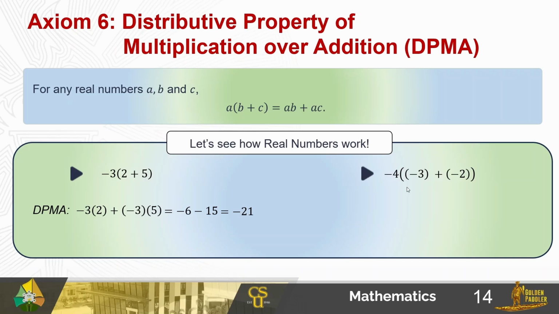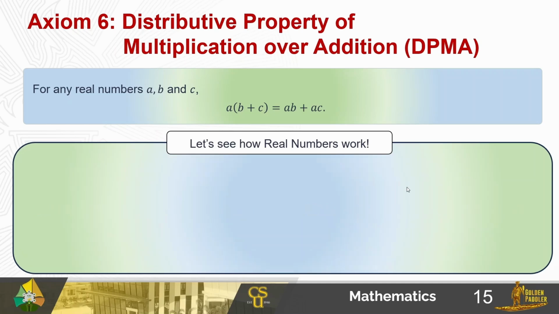And for negative 4 times the negative 3 plus a negative 2, again, by the distributive property, it becomes negative 4 times a negative 3 plus a negative 4 times a negative 2, which will give us 12 plus 8 and again equal to 20. Or we can also have 1/2 times 1/3 plus 5/3.